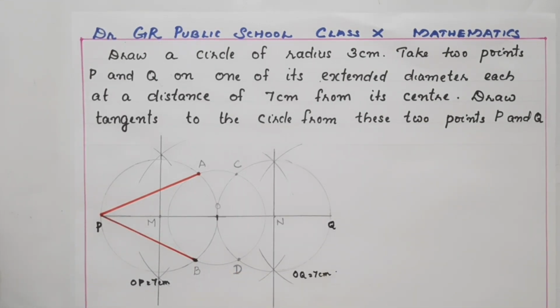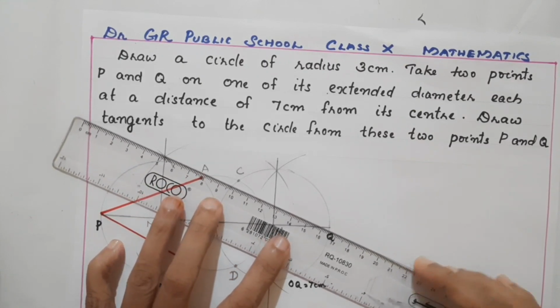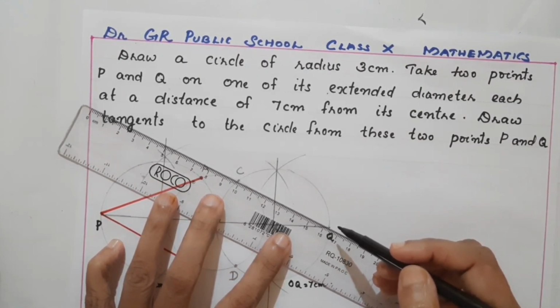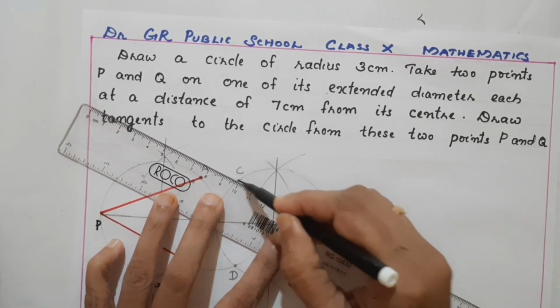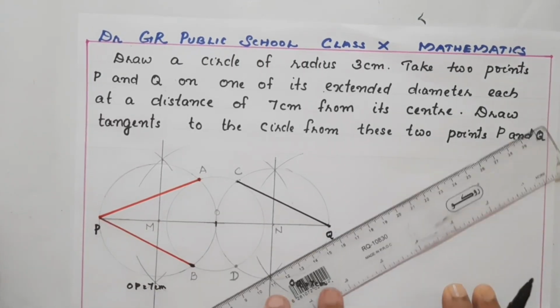Now by joining QC and QD, we will get the tangents from this external point Q to this first circle of radius 3 centimeter. Okay. Let me join Q and this C, and Q and D.